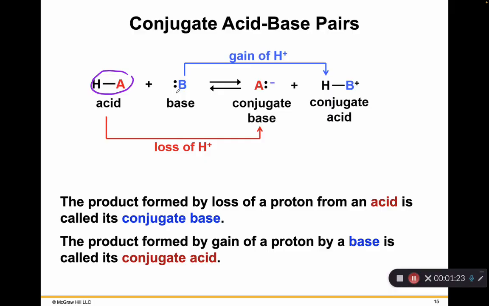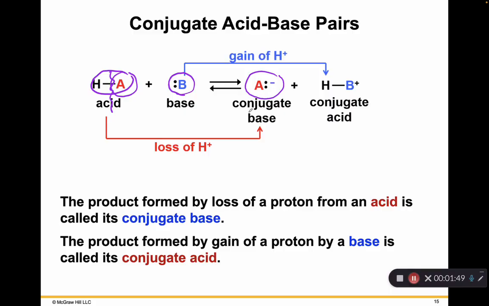And I can have a base B. Generally the base, if it is neutral, has a lone pair of electrons with itself. Then this acid can lose the H plus. After it loses that H plus, whatever is left over is A minus. So that A minus is one of the products, right?